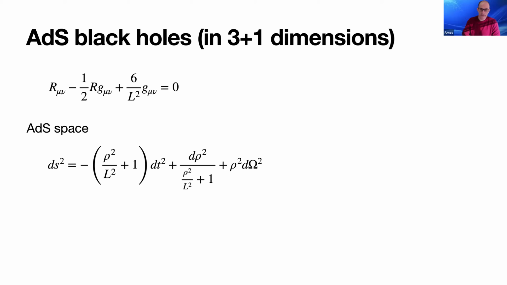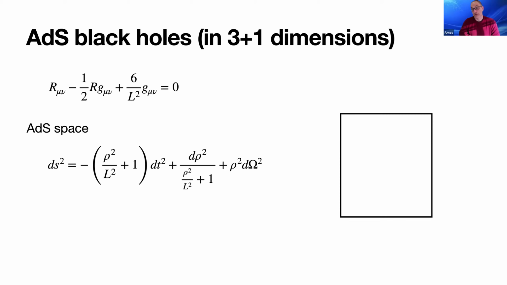The Penrose diagram is going to be sort of a rectangle that's infinitely extended in one direction, which is the time direction. The other direction in this diagram is the radial direction. So rho equals infinity is the boundary, and rho equals 0 is the center of AdS space.